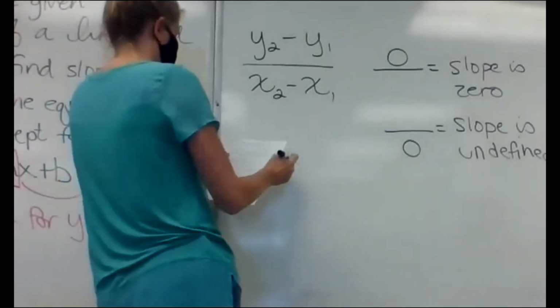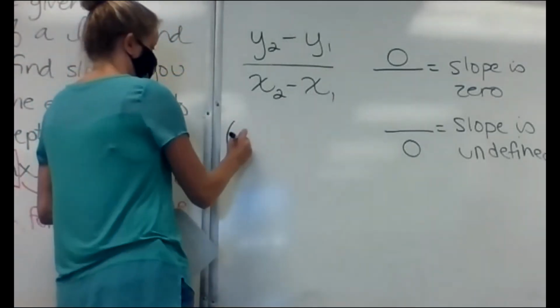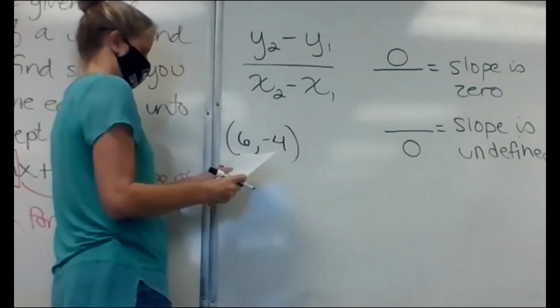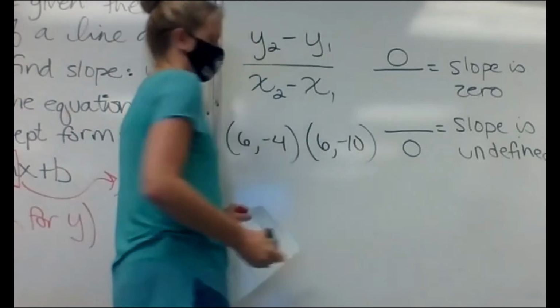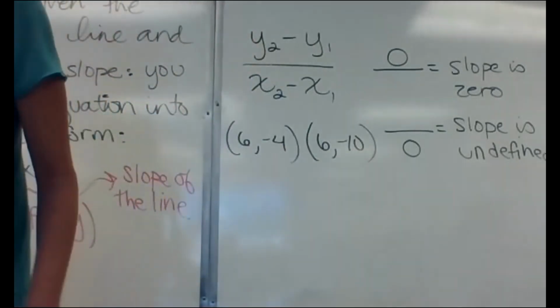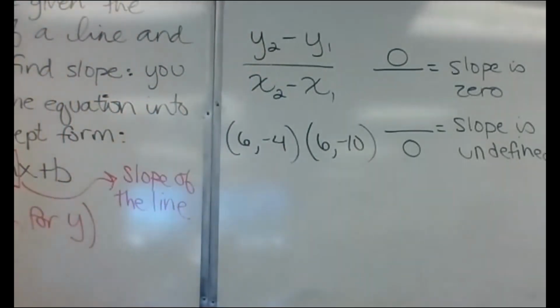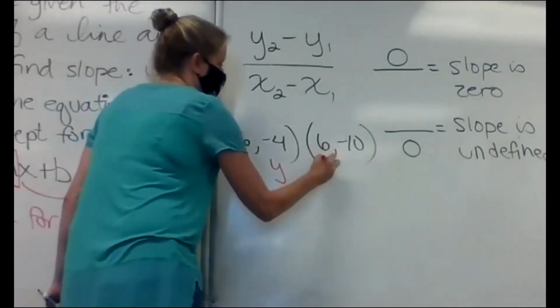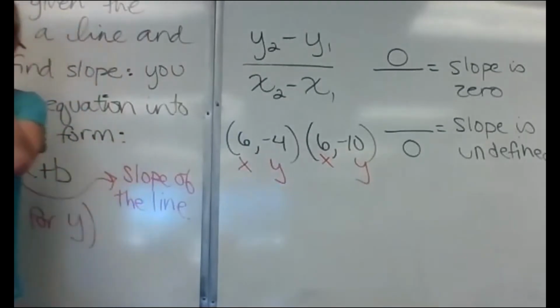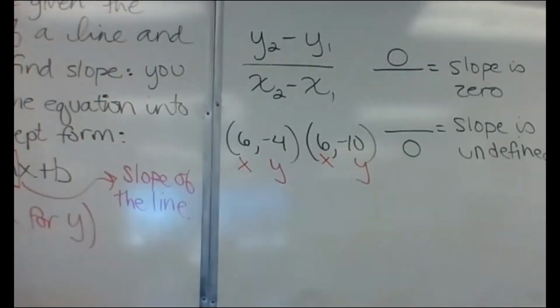Number 10, the points are at 6, negative 4, and 6, negative 10. Same process. That's an X and a Y, that's an X and a Y. First point and second point.